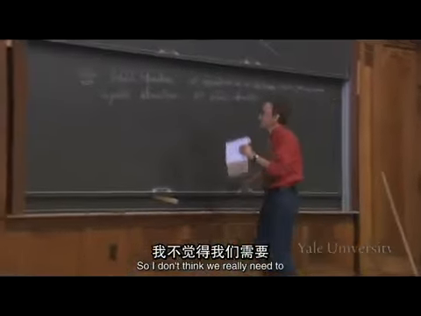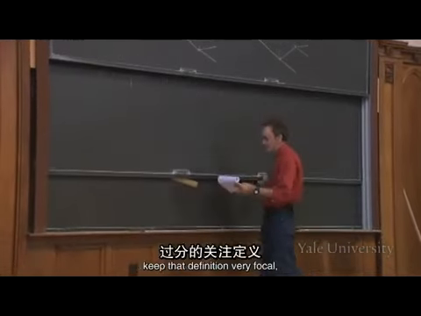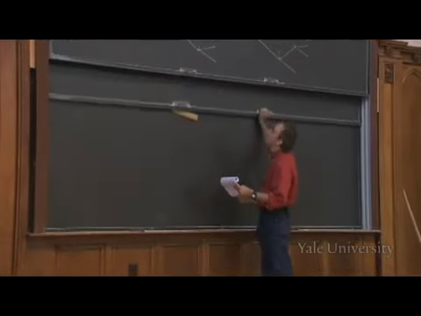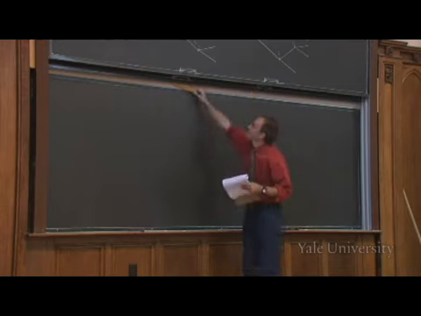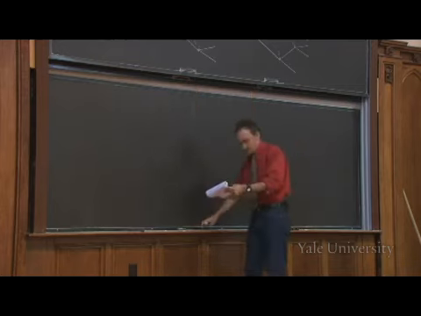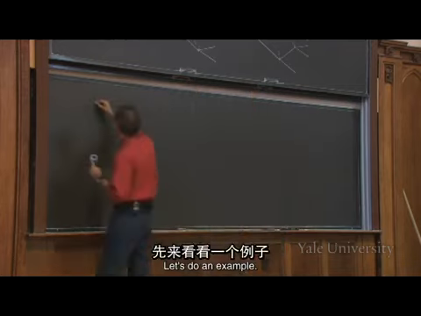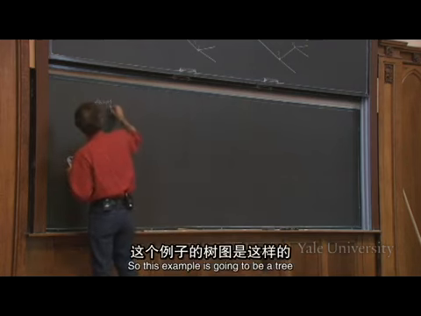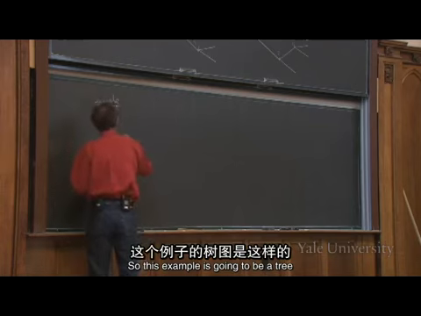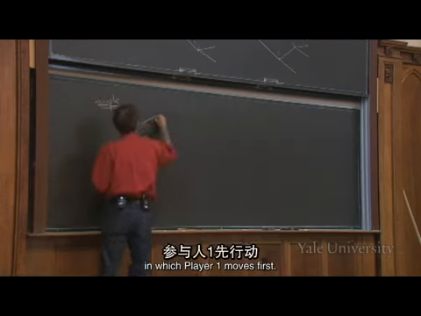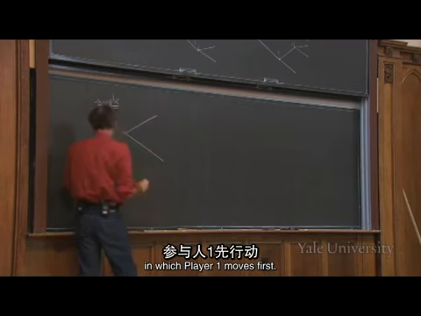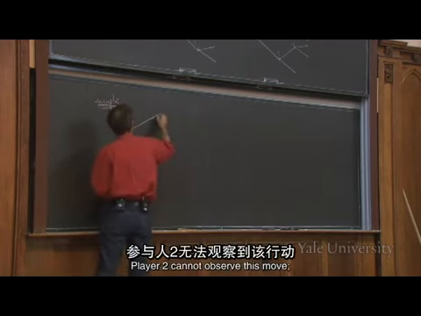Okay, let's go straight to an example. I don't think we really need to keep that definition focal, so let's get rid of that board. All right, let's do an example. There are many examples today. This example is going to be a tree in which player 1 moves first.